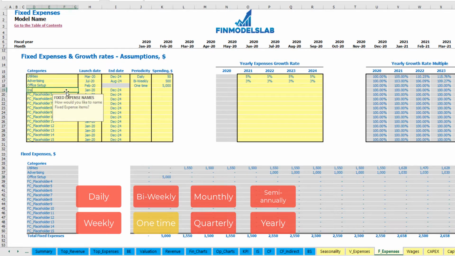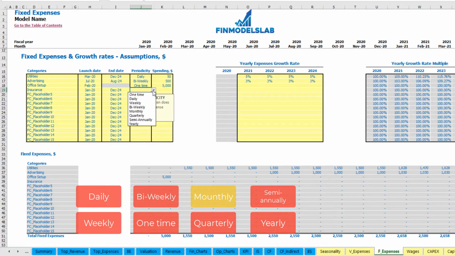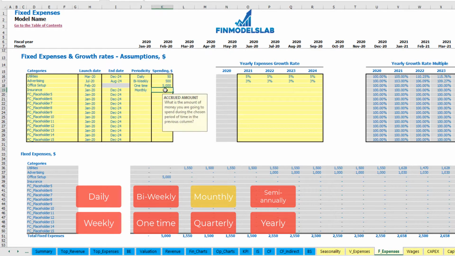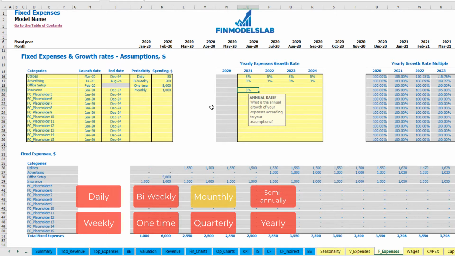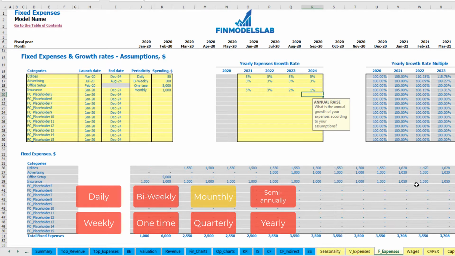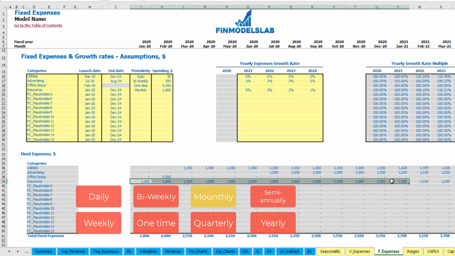Another option, insurance. Let it start from January 20 till the end of the model, and it can happen monthly with $1,000 per month, with 5% of growth the first year, 3% growth the second year, 2% growth the third, and 1% year number 4. So you may see this calculation here.